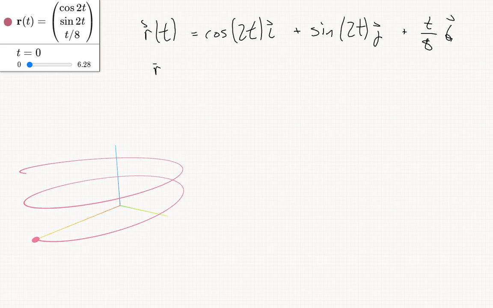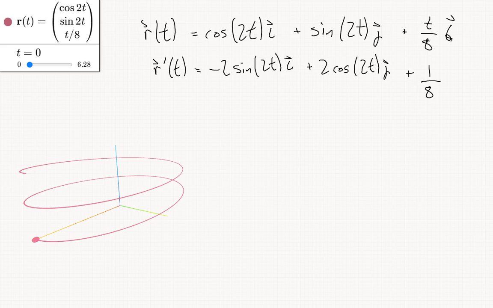Now let's find its tangent vector or velocity vector at any given point in time. So this will be -2 sine 2t i plus 2 cos 2t j plus 1 over 8 k. And so this is what the velocity vector will look like.